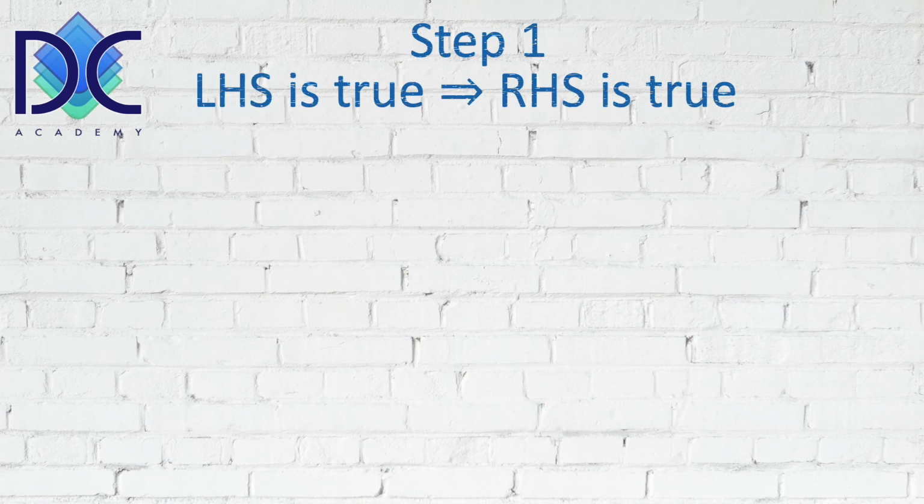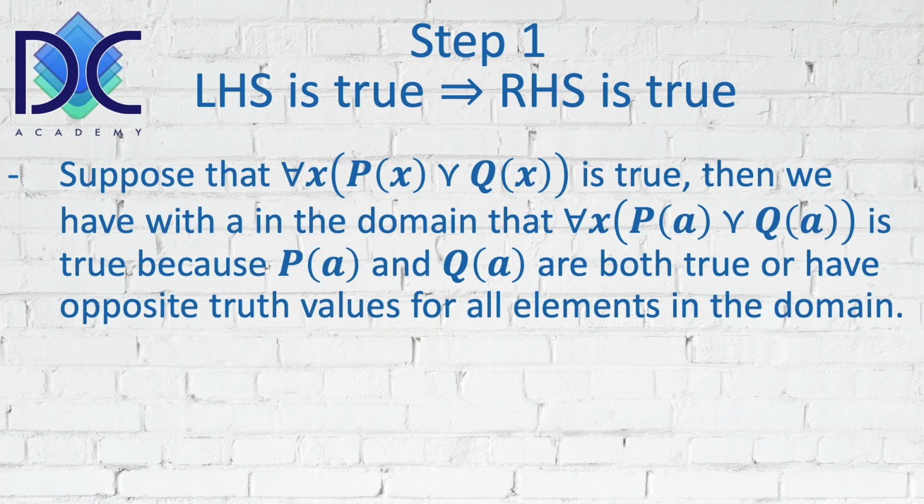Step 1: if the left-hand side is true, then the right-hand side is true. Let us suppose that for all x, p(x) or q(x) is true. Then we can find a value a in the domain for which this statement is true.